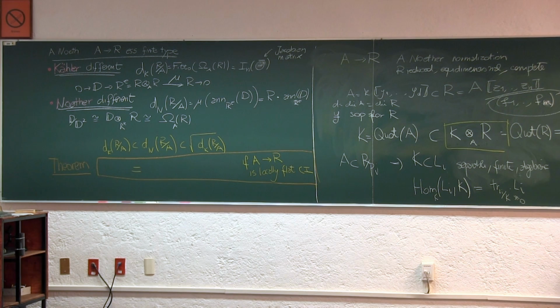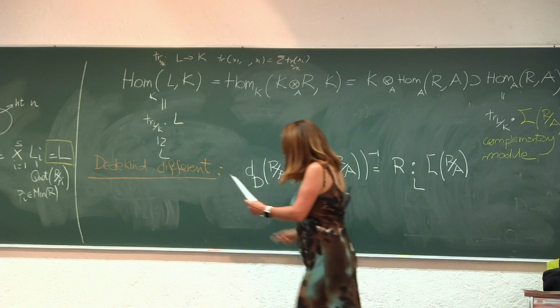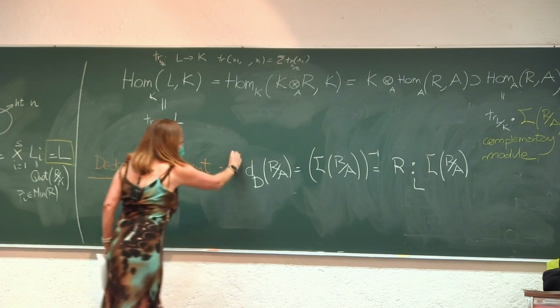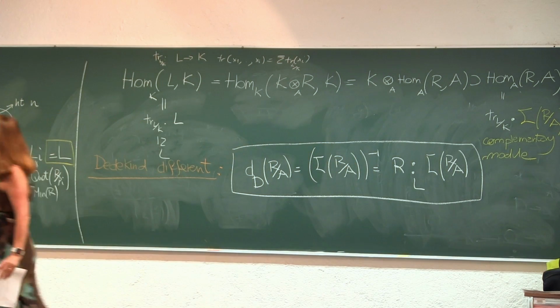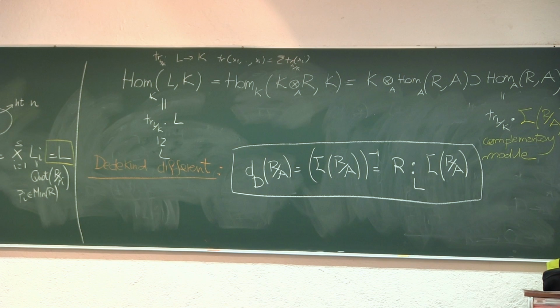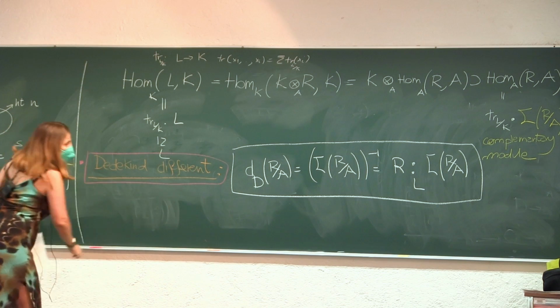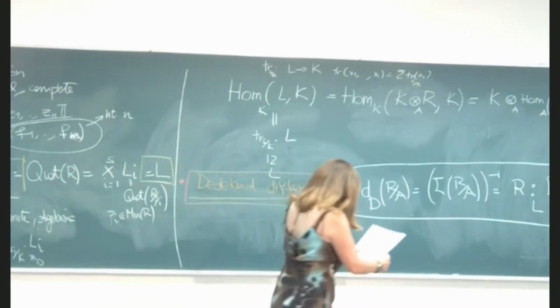So dd of R over A is simply the inverse of the complementary module. So if you want, it is the element of L that sends the complementary module back to R. Okay? So this is the Dedekind different. The third different we needed. So these are our three differents. This is the third one.